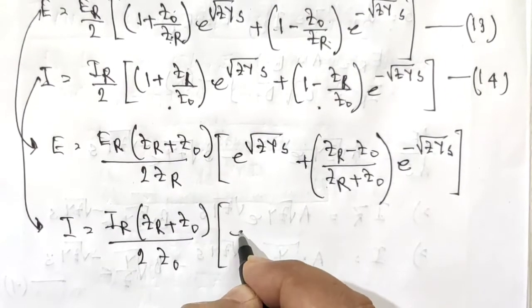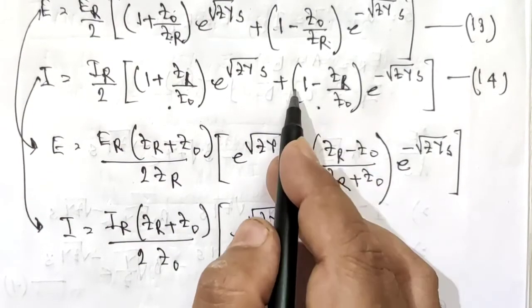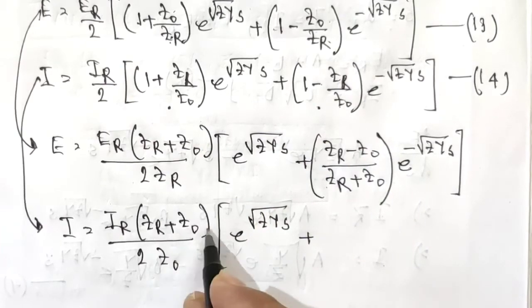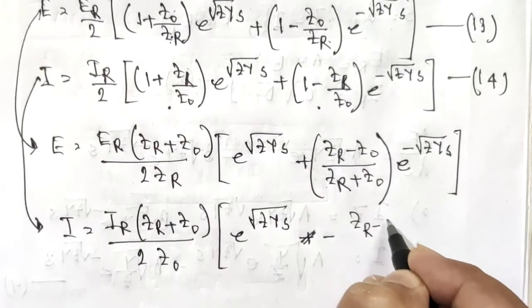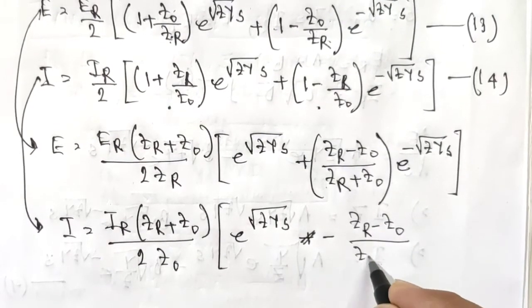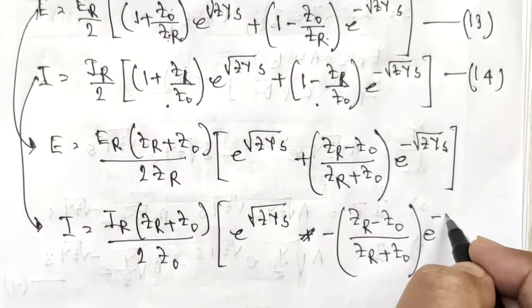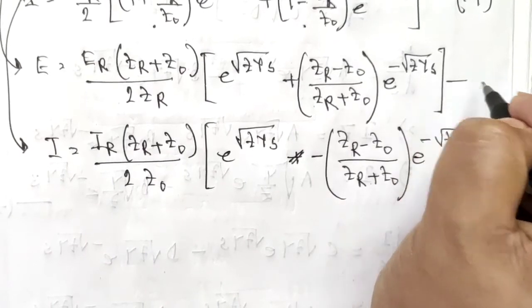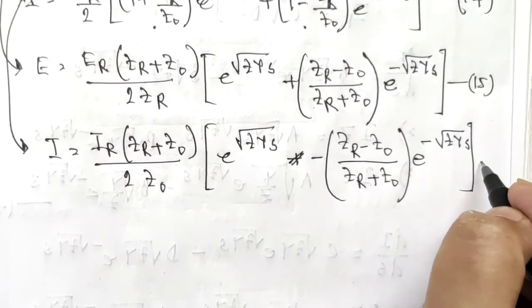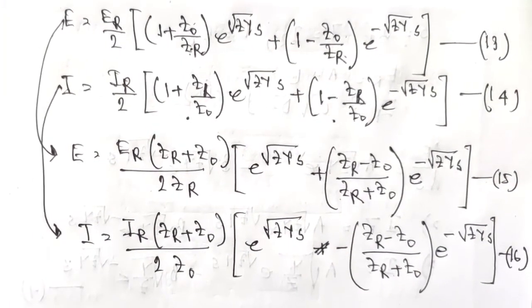It will have e to the power root ZYS plus, as this term is Z0 minus ZR and we have taken ZR plus Z0 common, so we will write minus ZR minus Z0 by ZR plus Z0 into e to the power minus root ZYS, and this will be equation number 15 and 16. Okay, these are a final and very useful form of the equations for voltage and current.